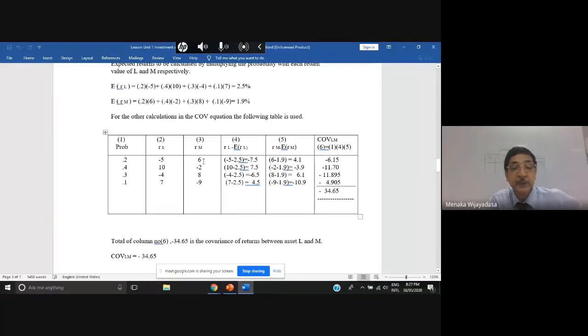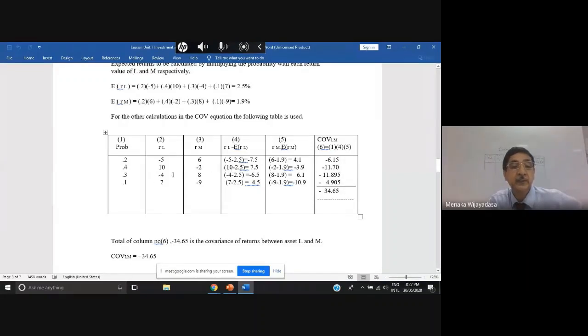RM: 6%, minus 2%, 8% and minus 9%. Now in column 4, you need to get RL minus ERL. RL is minus 5, ERL is 2.5. Minus 5 minus 2.5 comes to minus 7.5.